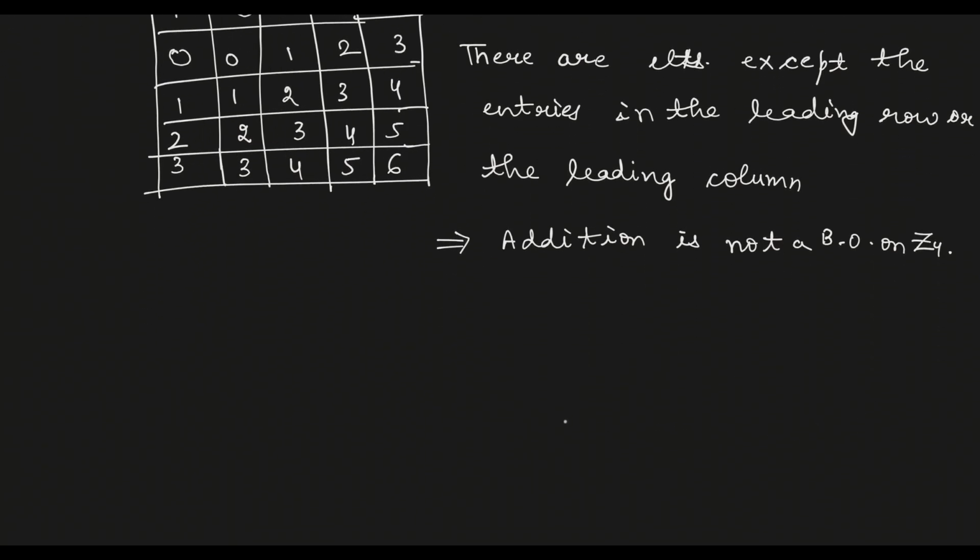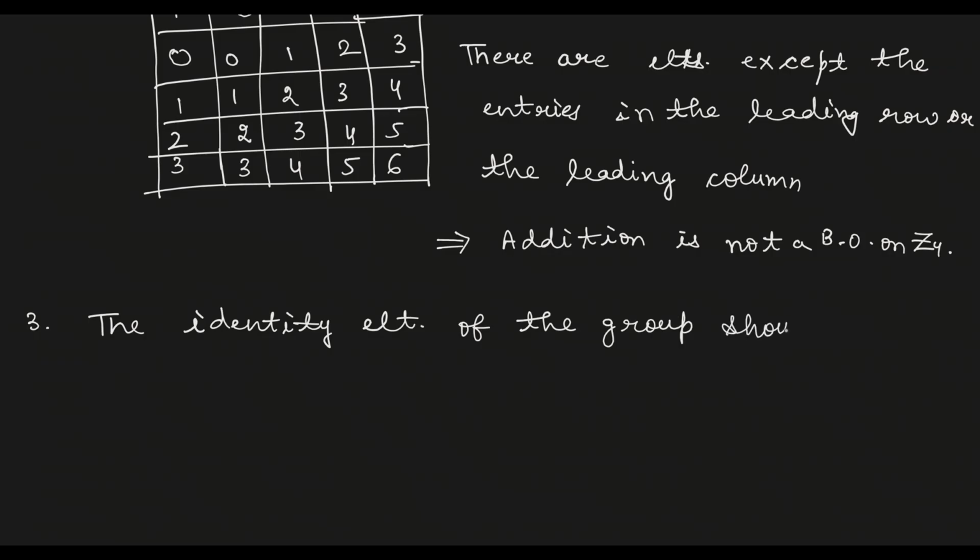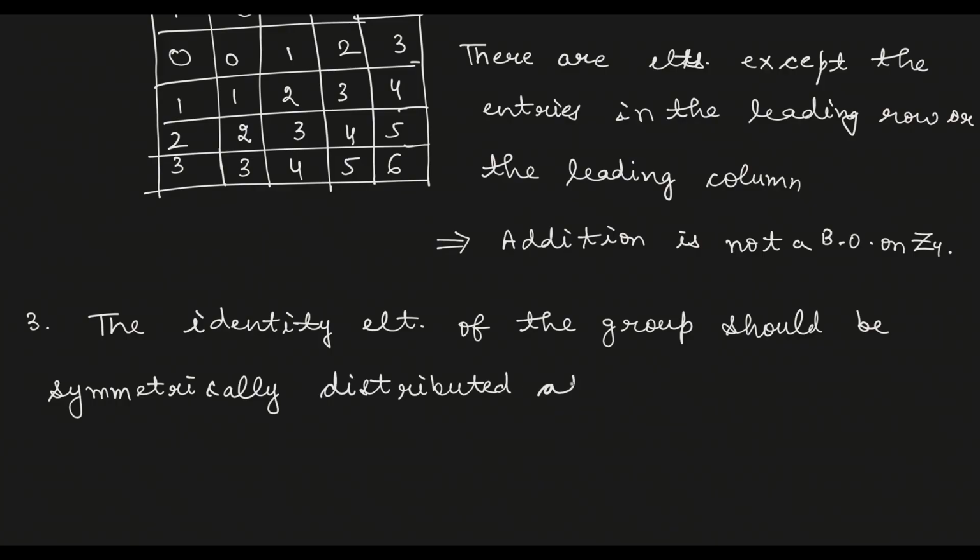Next, third property: the identity element of the group should be symmetrically distributed about the main diagonal.